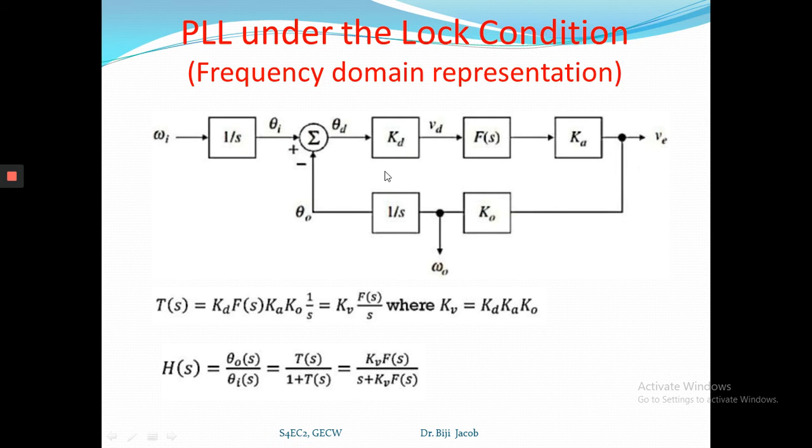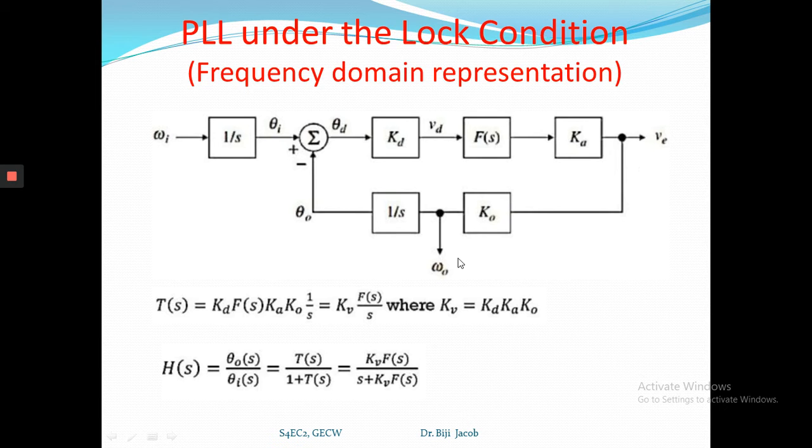Okay, so you can find out the overall transfer function since it's a feedback control loop. As you know, for a feedback control loop, like a negative feedback amplifier, the overall gain with feedback is A divided by 1 plus A beta, where A is the forward loop gain and beta is the feedback factor.